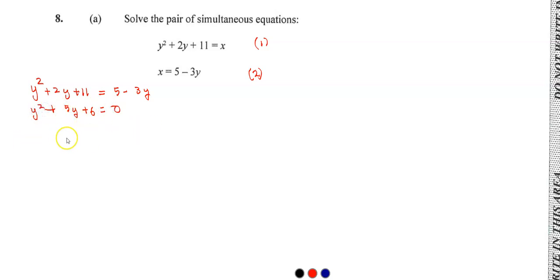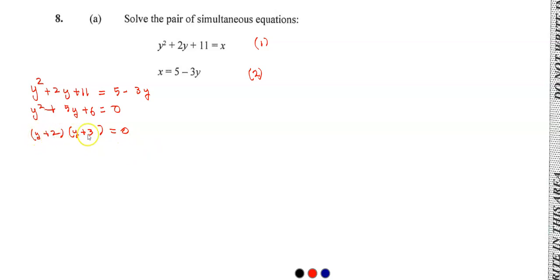So now we can factorize the equation and solve for y. We want two factors of positive 6 that add to give positive 5. And straight away I can see that it's 2 and 3. So y plus 2 and y plus 3.